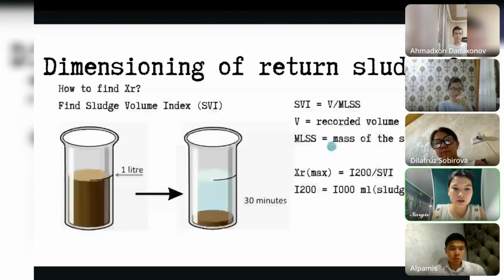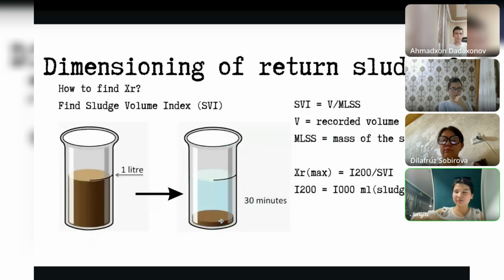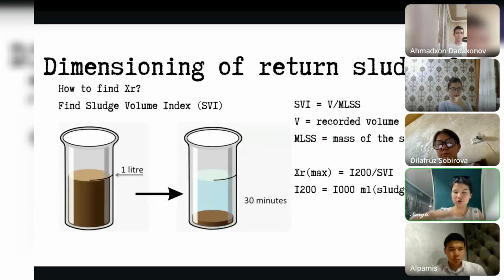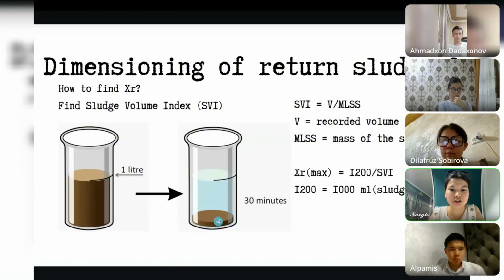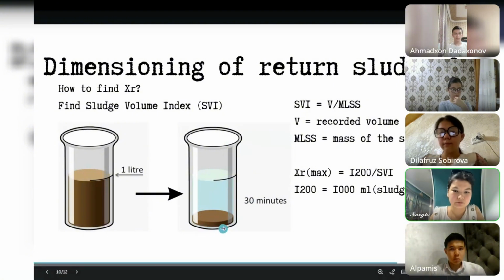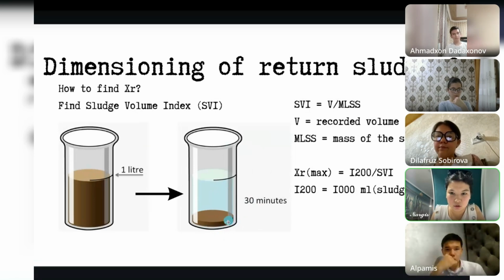So what we are doing here is packing bacteria in water to the maximum level. We're just waiting 30 minutes, and the bacteria packs itself, with the help of gravity, to the maximum level. So here it is the minimum volume and maximum concentration that bacteria can have, right? We just measure this volume here, and we call it the recorded volume, V, and then we find the mass of the sludge.